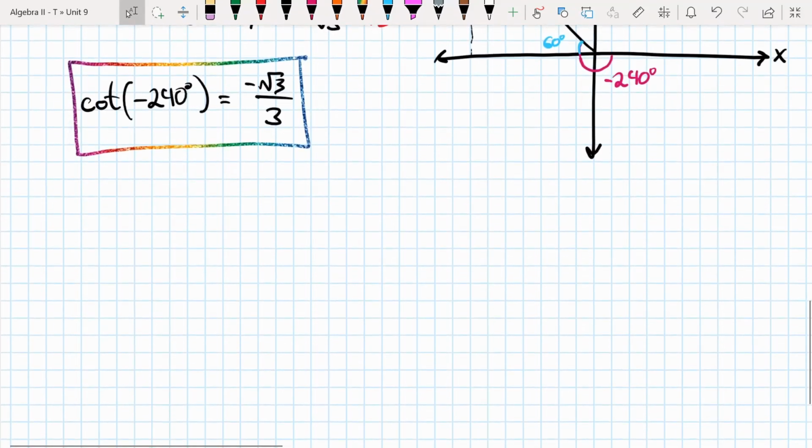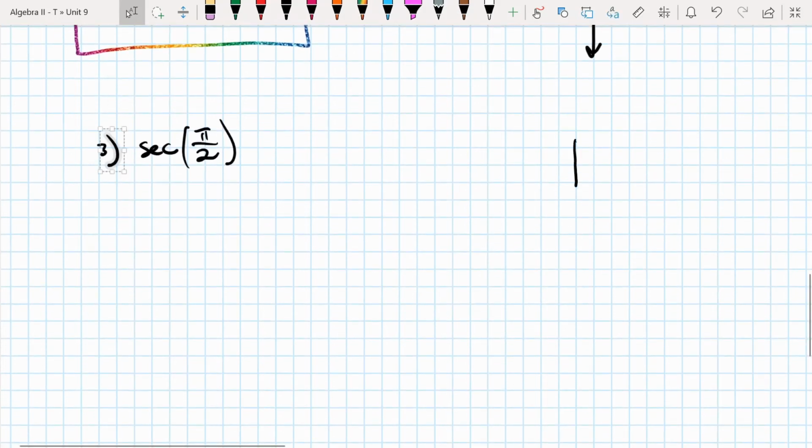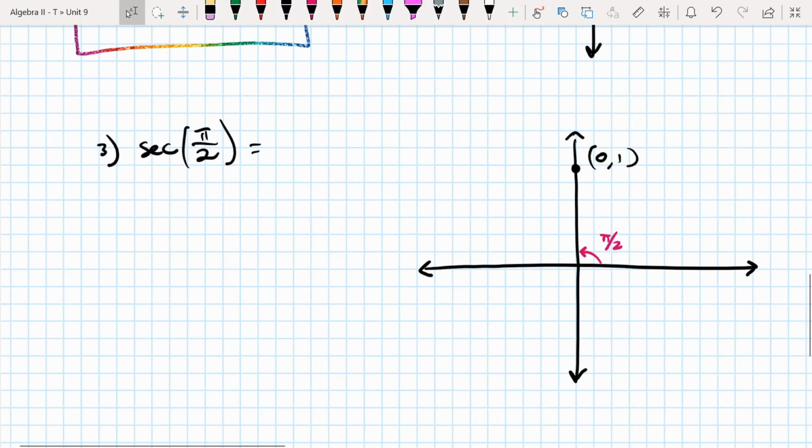Okay, and let's wrap up this first problem set by going through secant of pi over 2. All right, this one's nice because we should know where pi over 2 is located on the unit circle. So pi over 2 is here. Secant is 1 over cosine, which is 1 over x.